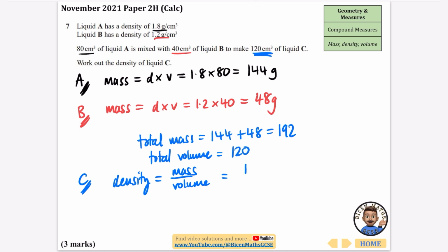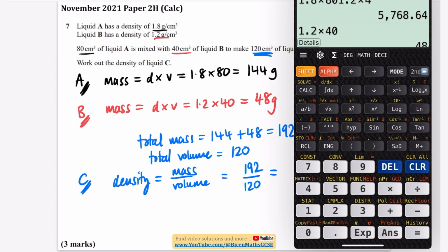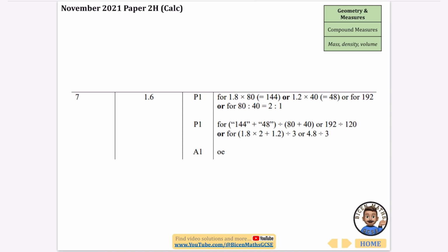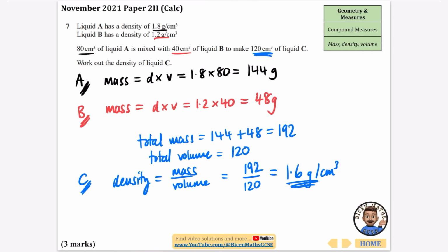So it's the mass divided by the volume, that's 192 divided by 120. And we get 1.6. So the density of liquid C is 1.6 grams per centimetre cubed. Let's double check we've got the right answer. Yep, 1.6 right here.